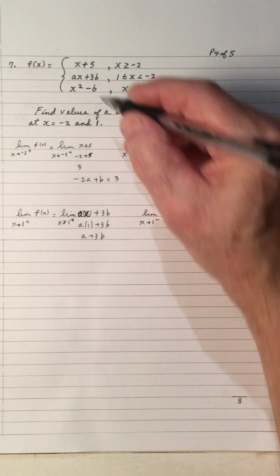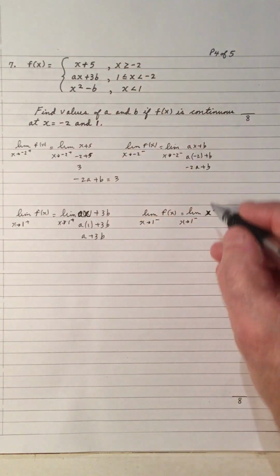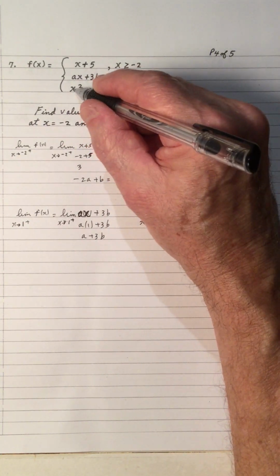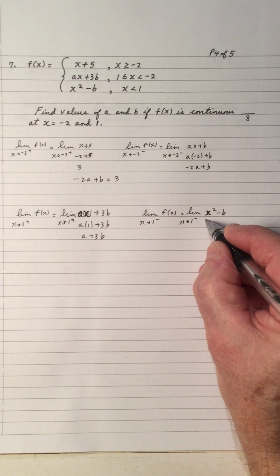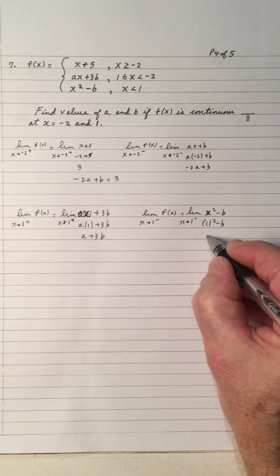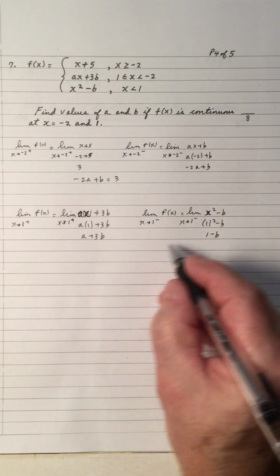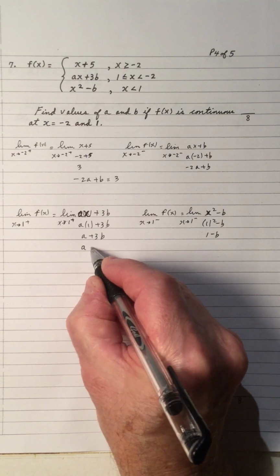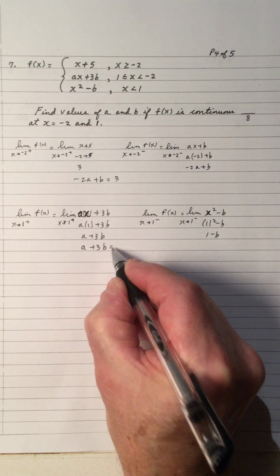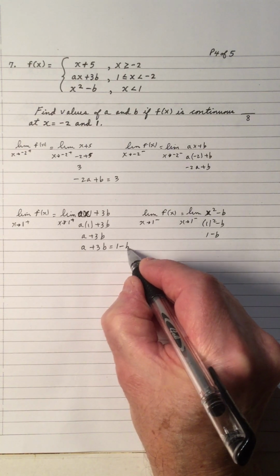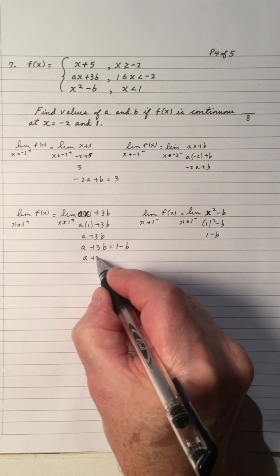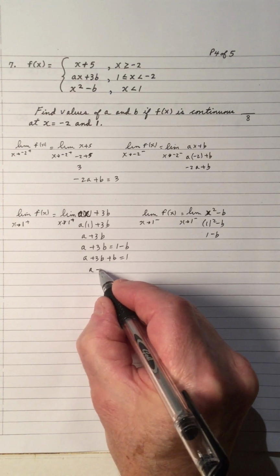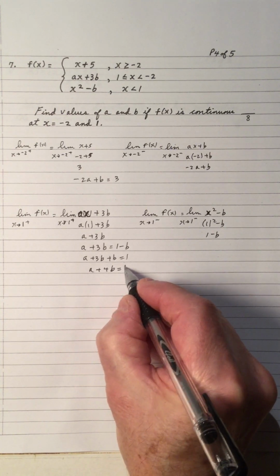Oh, I looked at the a here, it said a squared plus b. No, it's x squared plus b. My mistake. Approaching on the left is x squared plus b, and as x approaches 1, it's 1 plus b. So the limit on the right equals the limit on the left if it's continuous. That means a plus 3b is equal to 1 minus b. So a plus 3b plus b equals 1, so a plus 4b equals 1.